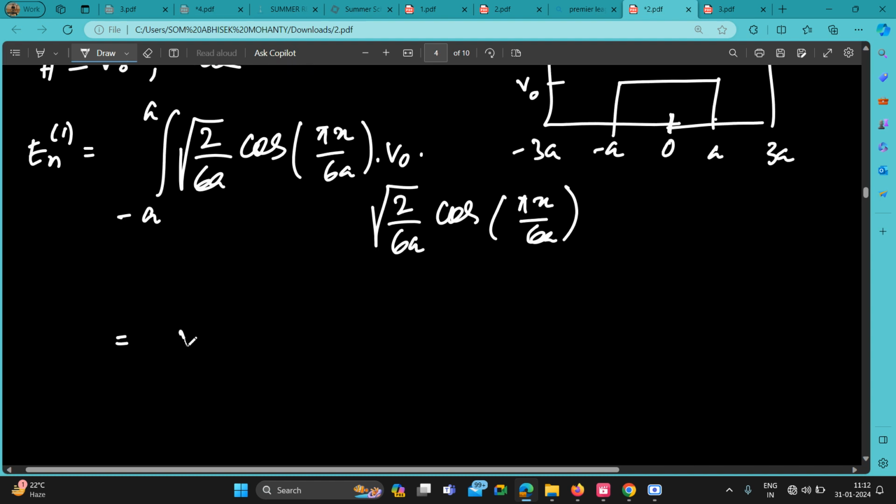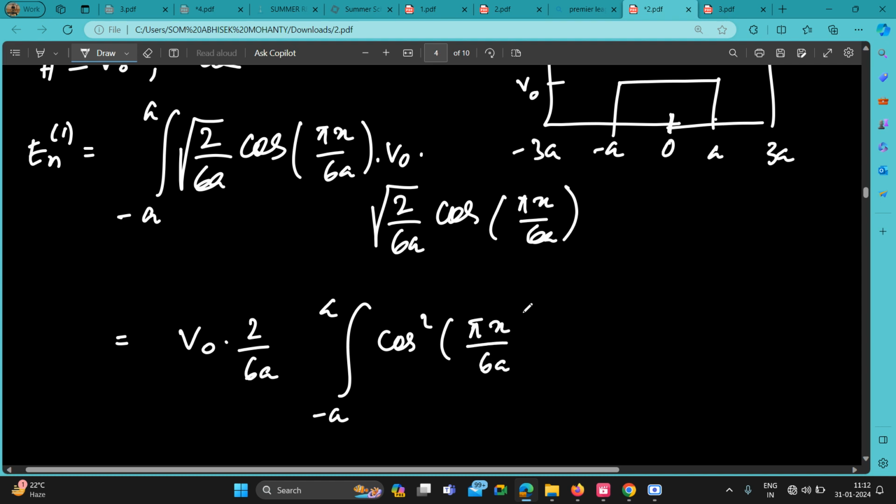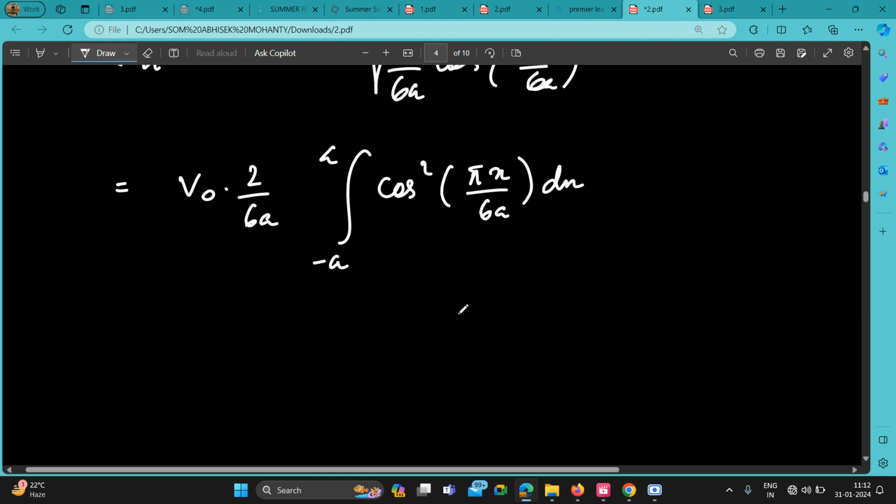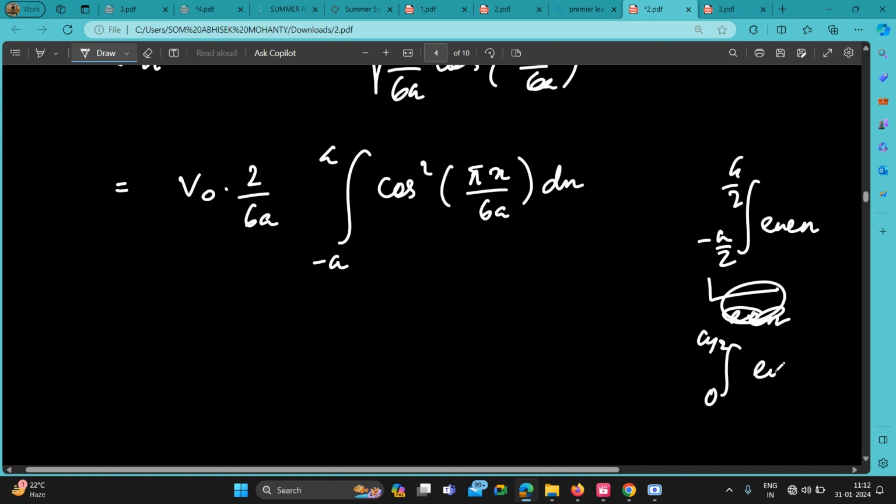That is V naught into 2 by 6a, minus a to a cos square pi x by 6a. See, cos square is an even function. So when there is an even function inside, integration of even function, if the limit is like this, I can simply do it as 0 to a, and this is 2. Okay, so I can do it here.